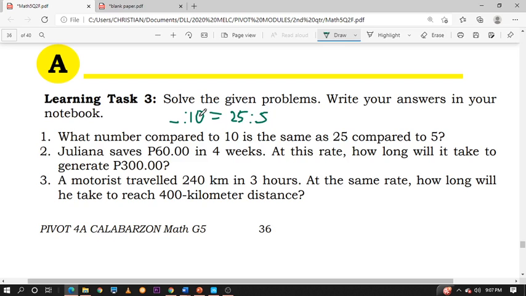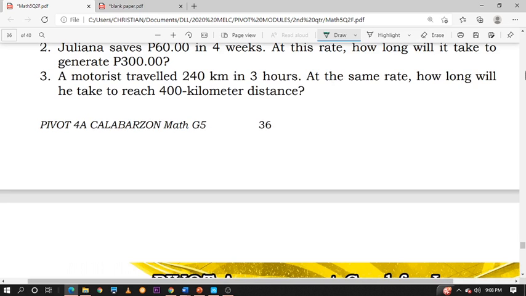So, multiply muna natin yung means, yung nasa loob. So, 10 times 25 is 250 divided by 5. So, that is 50. Okay, so ganun lang po ang gagawin natin for the learning task 3. So, solve lang natin yung ating problems.